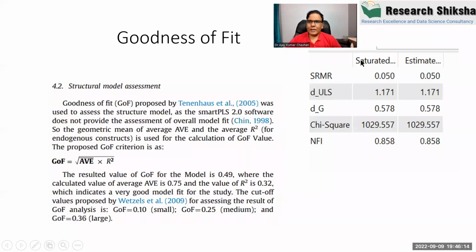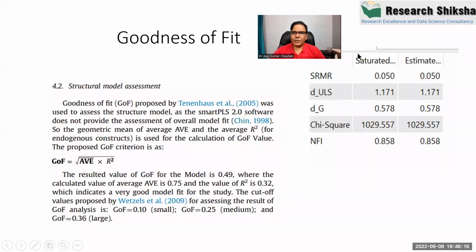And whenever you calculate the validity, the software also gives you these goodness of fit measures. We are not getting all the goodness of fit measures, but a few we will get, like SRMR, which should be less than 0.08, and NFI should be greater than 0.8. If these two conditions are met, SRMR less than 0.08 and NFI greater than 0.8.